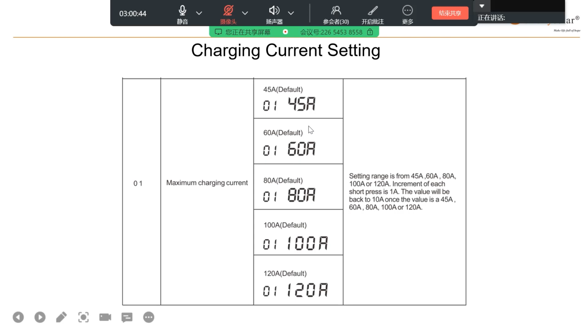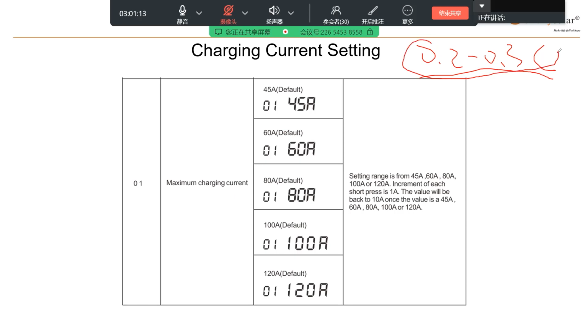Lead acid battery, for example, is normally 0.2 to 0.3 C. This is the charging and discharging current limitation, so when you set the maximum charging current, you need to consider this part.